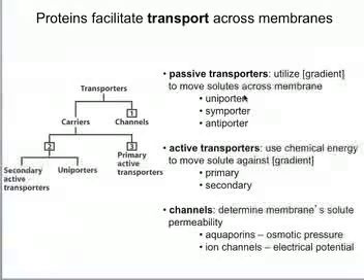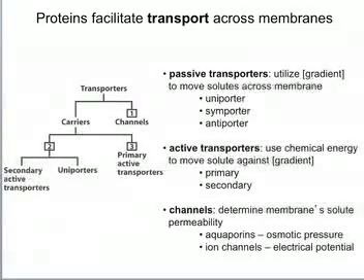If it's a uniporter, it's the simplest one to imagine. There's a solute molecule in the extracellular environment that's at a high concentration. The uniporter moves it down its concentration gradient to try to reach an equilibrium across the membrane, and so the solute flows into the cell.